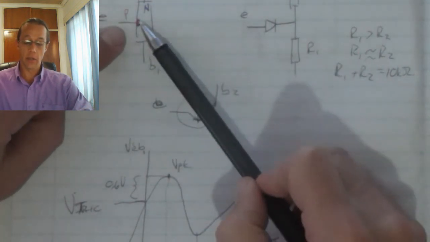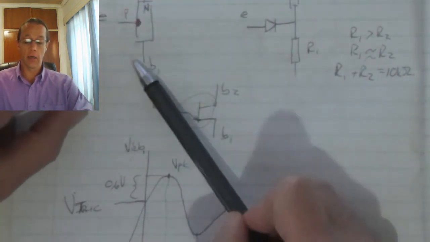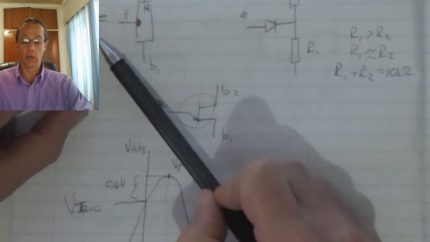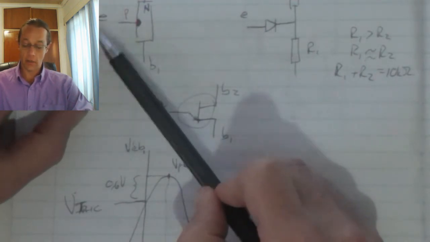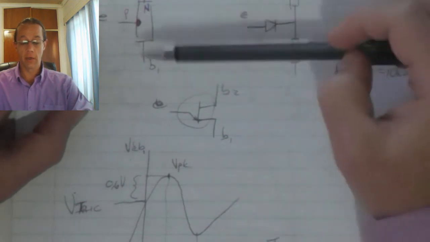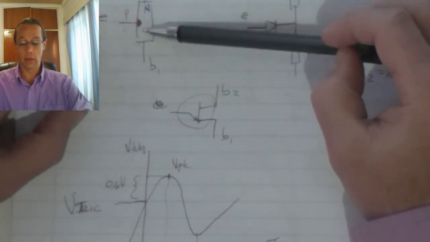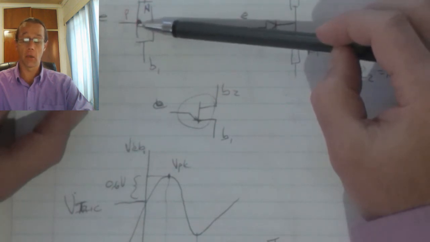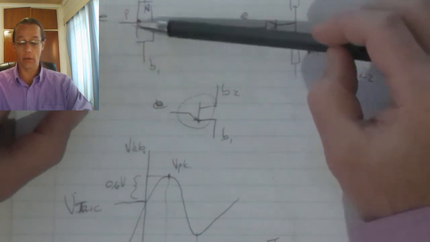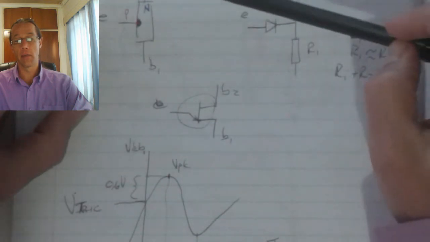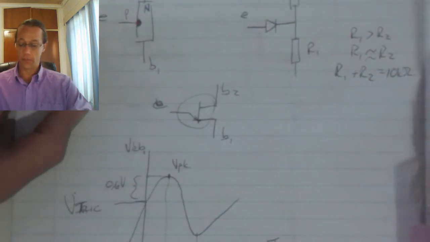At that point, this depletion region falls away and I get current flow out of the emitter. As a result, this is no longer an N-type material, and that's no longer a P-type material because it is conducting, and as a result there is a spike in the amount of current that can flow.